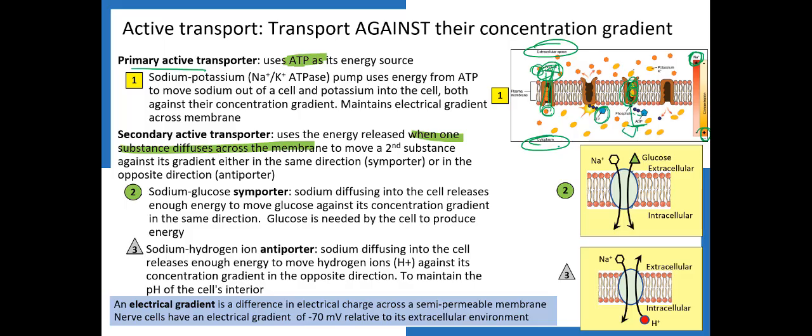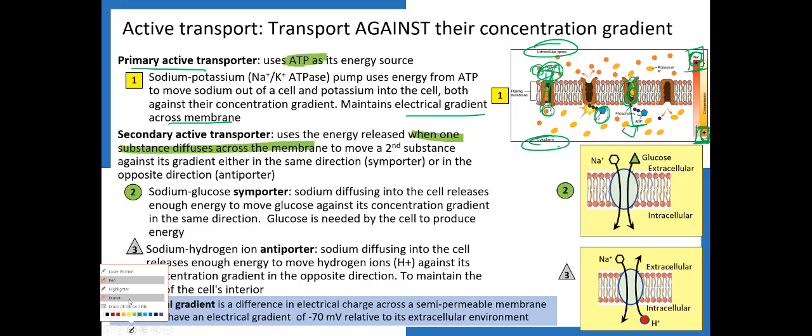The pump ensures that potassium levels remain high inside the cells and sodium levels remain high outside the cell, so it maintains an electrical gradient across the membrane. We're going to talk about electrical gradients much later on.